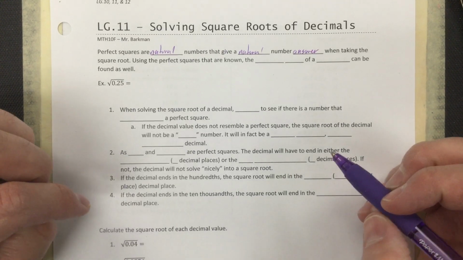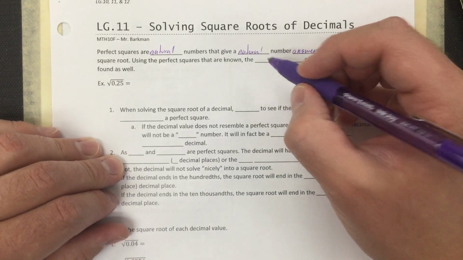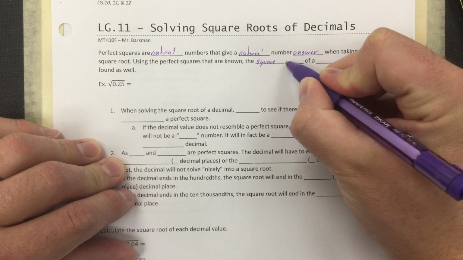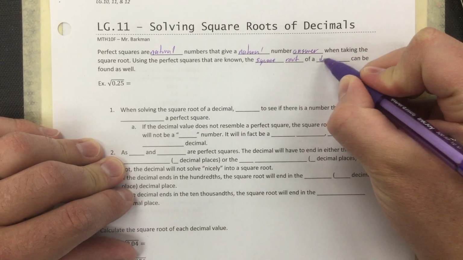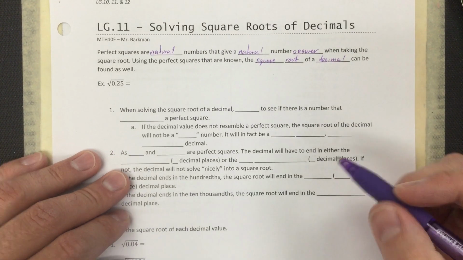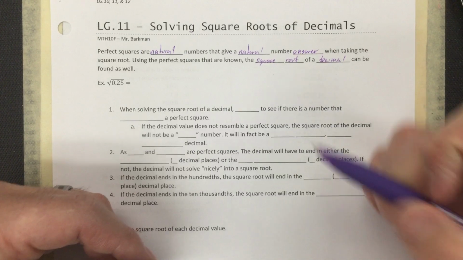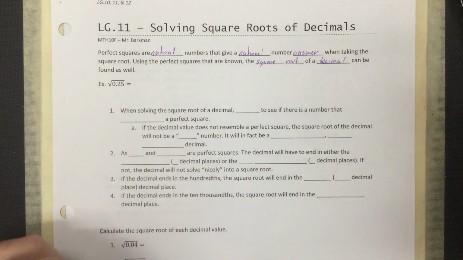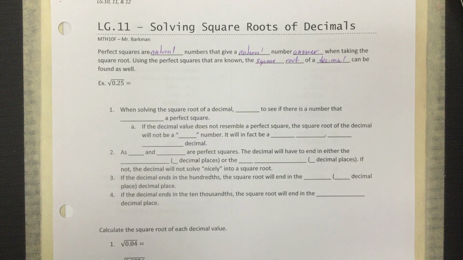Now, using the perfect squares that are known, the square root of a decimal can be found as well. The particular ones are ones that resemble our perfect squares. So we're going to be looking for ones that resemble our perfect squares, and that's going to be the important part.